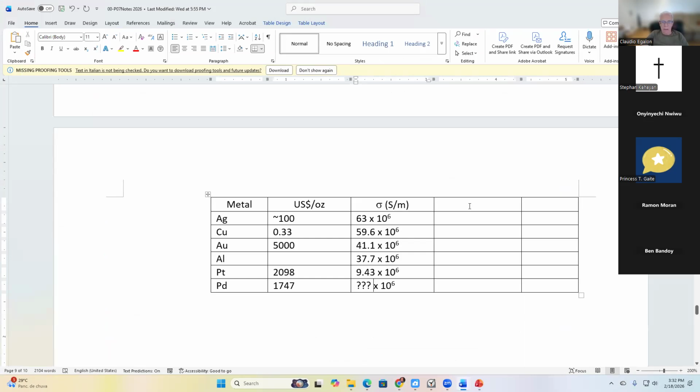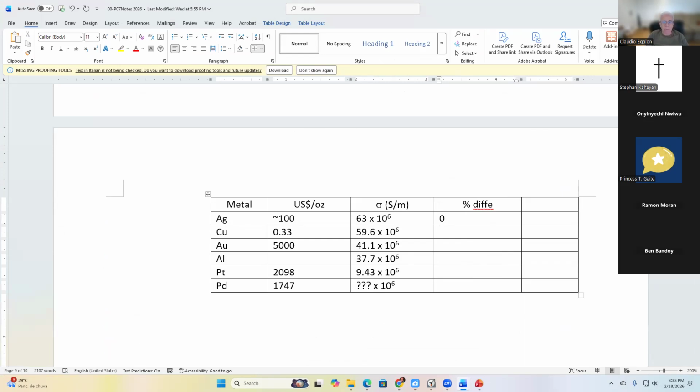Aluminum, and let's stop right in here. Percentage difference compared to silver, right? Let's put that 0%. And let's see about copper.